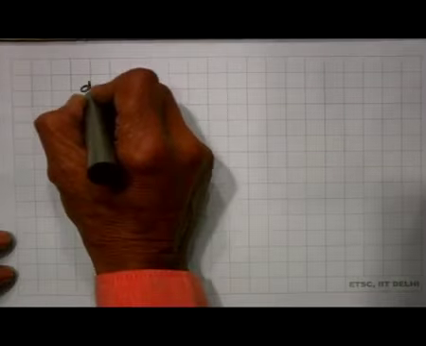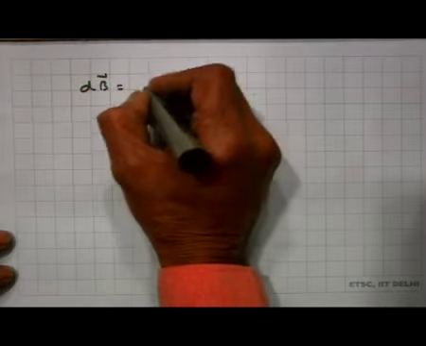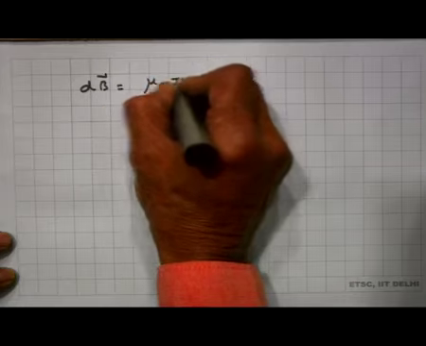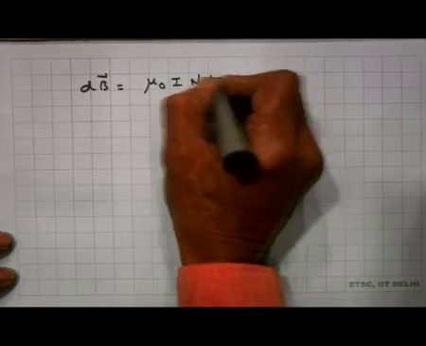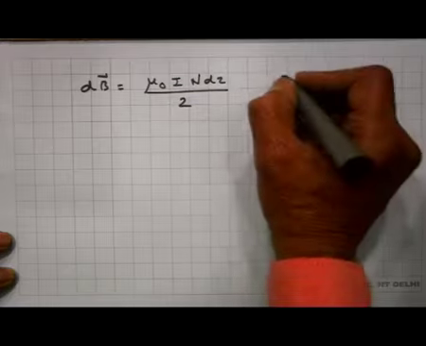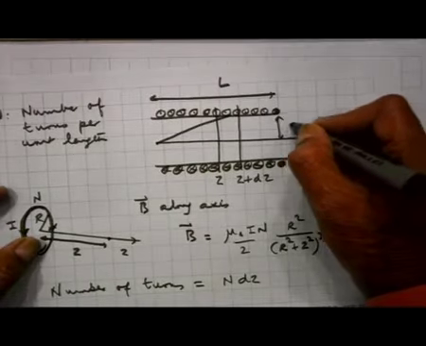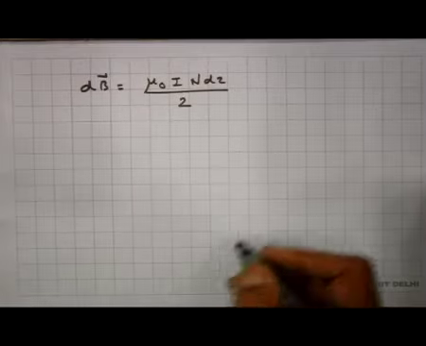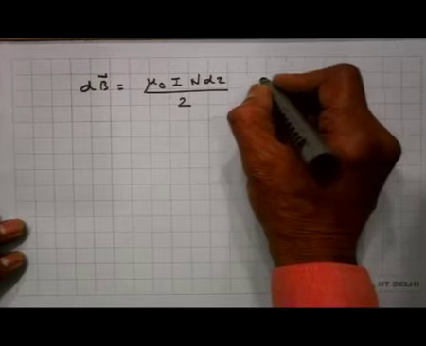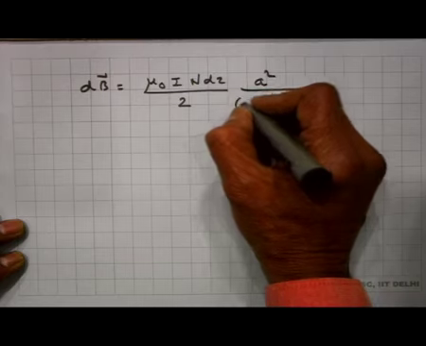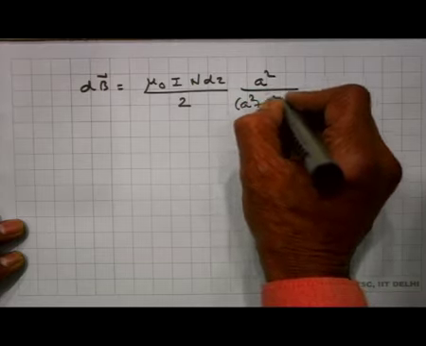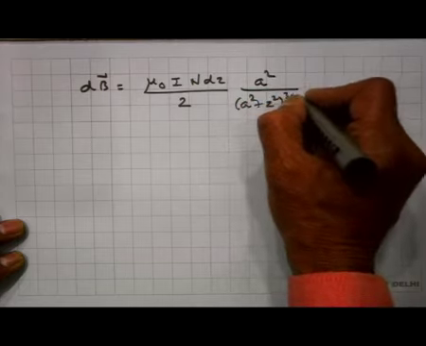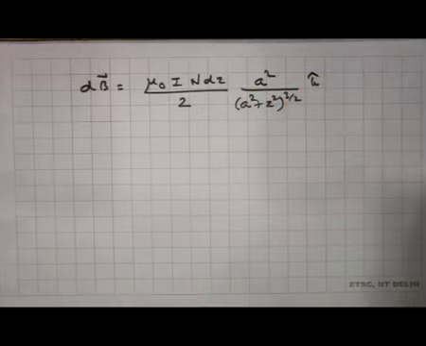The magnetic field at this point, let me call this dB, will be equal to mu naught I n dz, the number of turns, divided by 2 times, if the radius of the solenoid is a, a square by a square plus z square raised to the power 3 by 2 k cap.